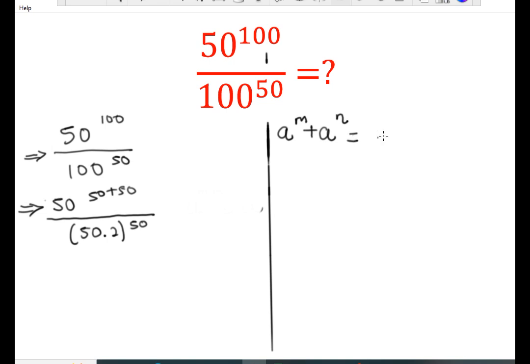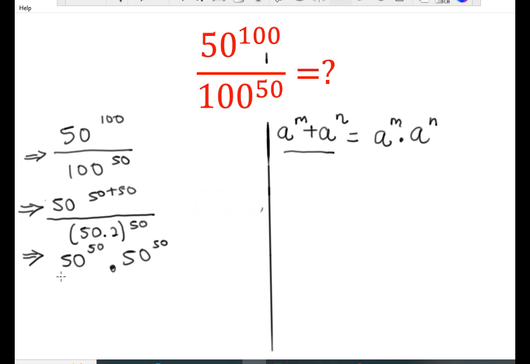That's what this simply means here. So we're taking this step, and now I'm simply going to say 50 to the power 50 times 50 to the power 50. This is what we've done here.